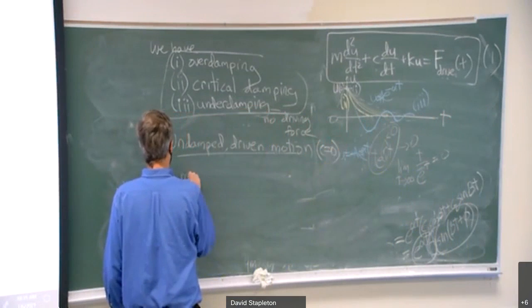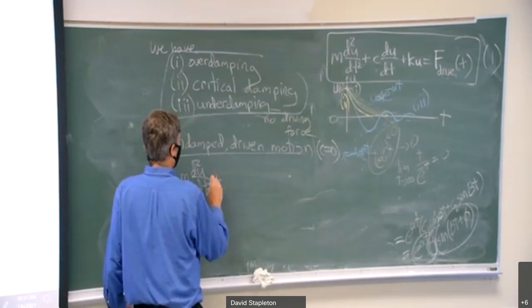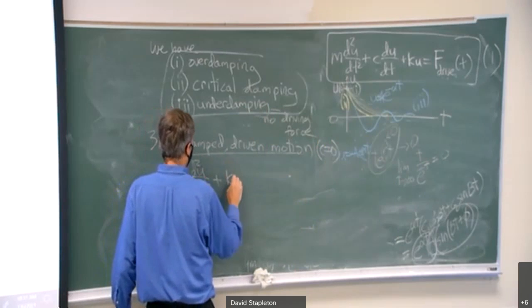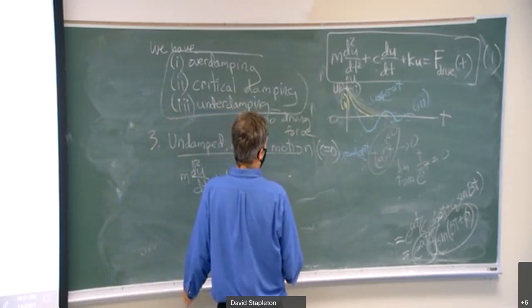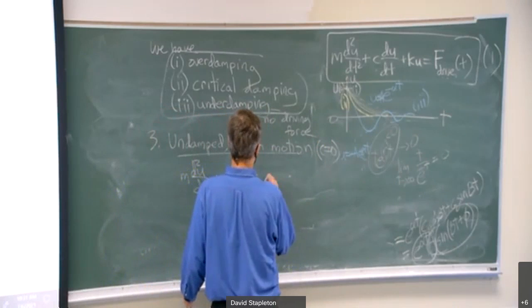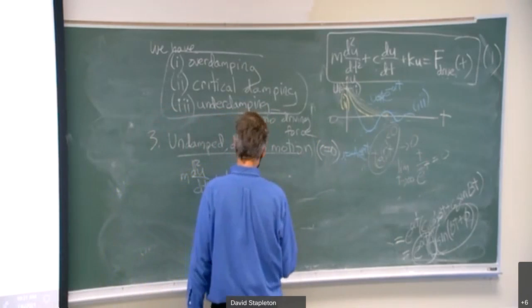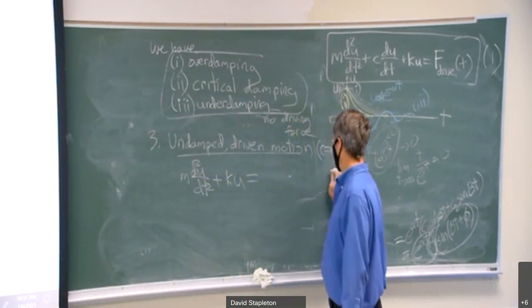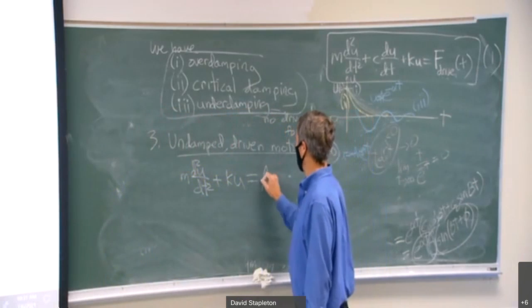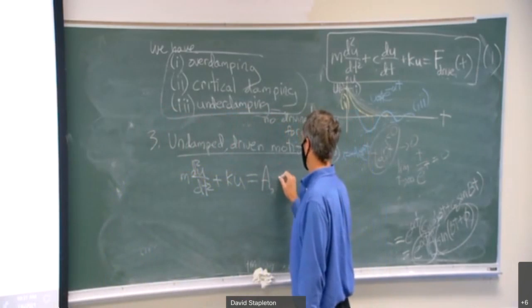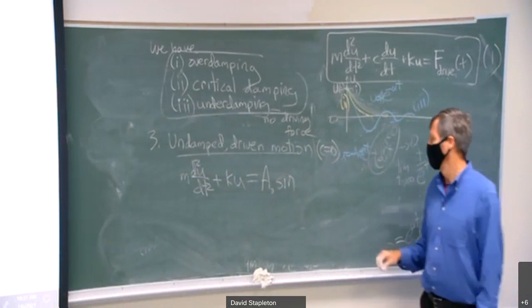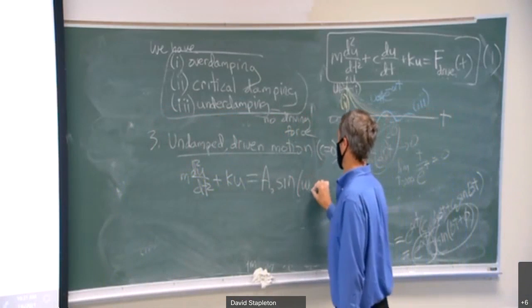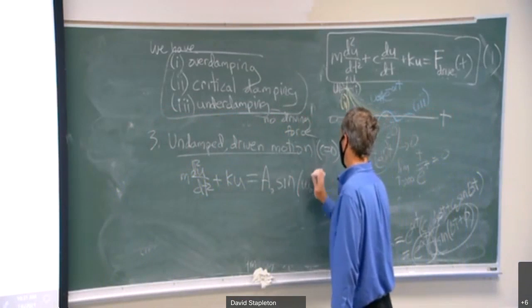And now you've got m d squared u dt squared, mass times acceleration, plus no damping, plus k times u for the spring force, equals the applied force. And let's say that the applied force is some A0 sine of omega 0 t plus delta 0.